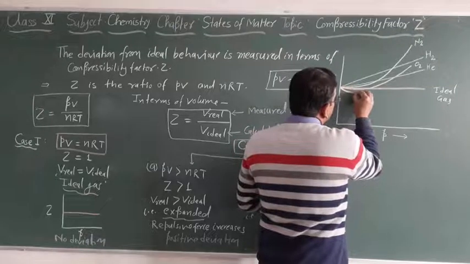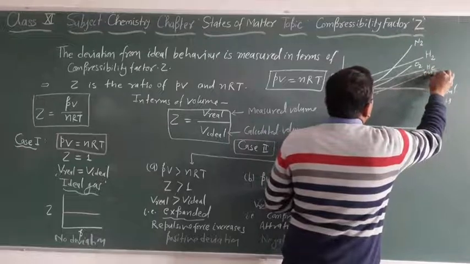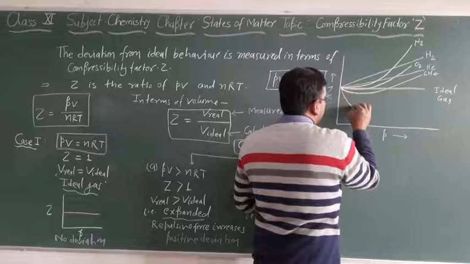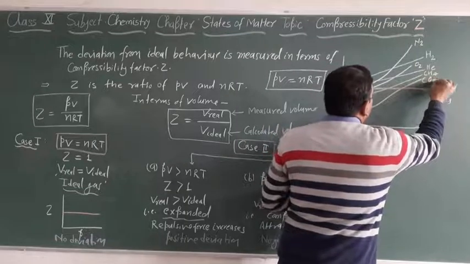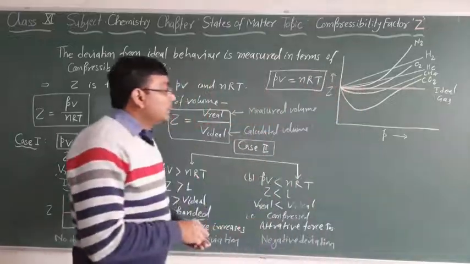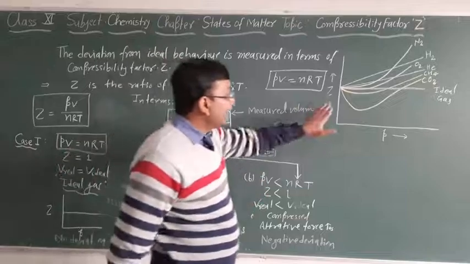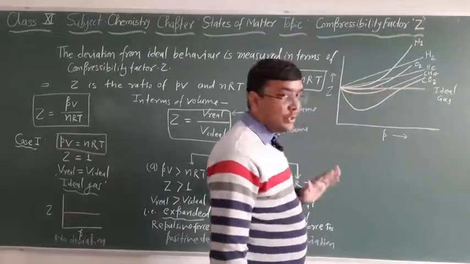Next is for methane and carbon dioxide. So when we plot a graph Z versus P, we get different observations.